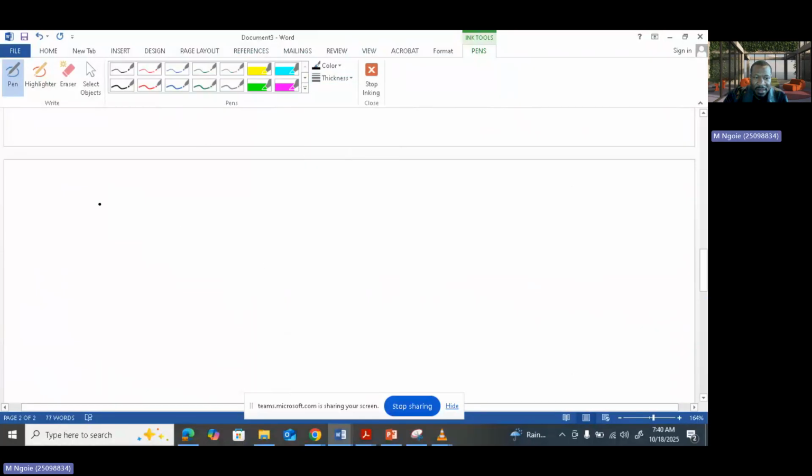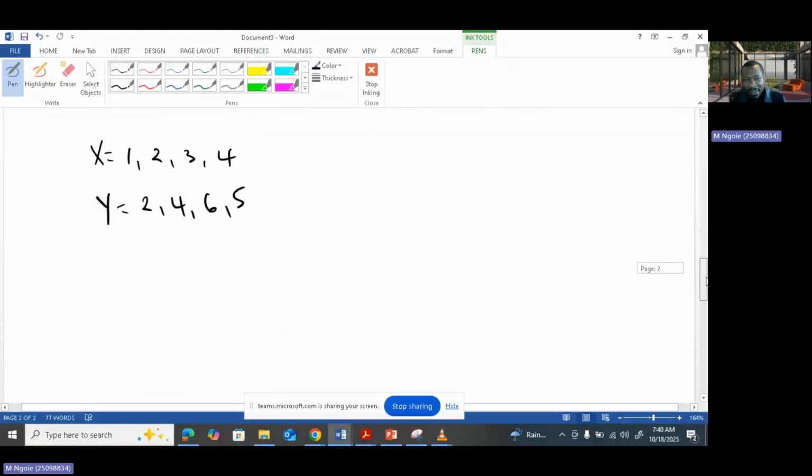So sometimes it can just be this one, x is 1, 2, 3, 4, and y maybe it's 2, 4, 6, 5, right? So this is just a data set collected. So x can be marks, this one can be courses, and so on, right?